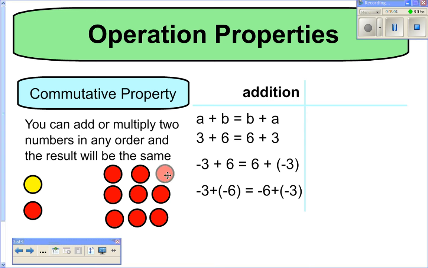If we have negative 3, and then we add 6 more negatives, we have negative 9. Or if we started with negative 6, and we added negative 3, we would still have negative 9. So the commutative property of addition says you could add 2 numbers in any order, and the result will be the same.